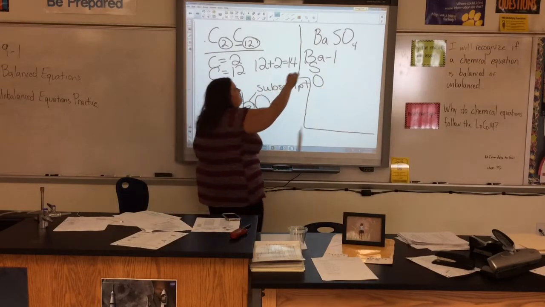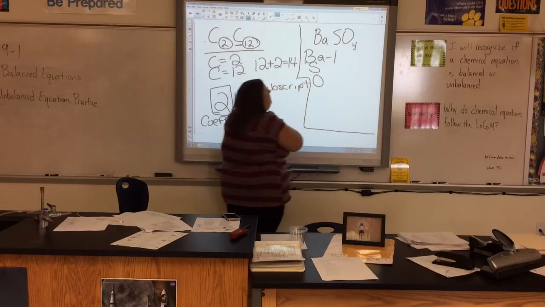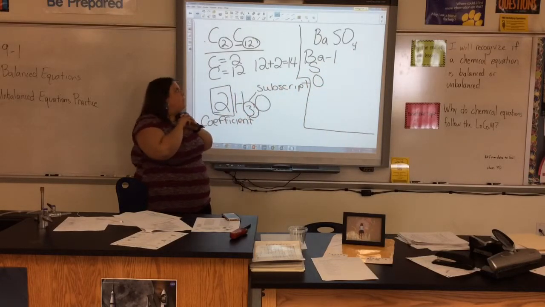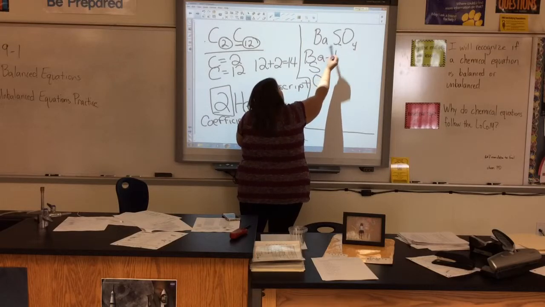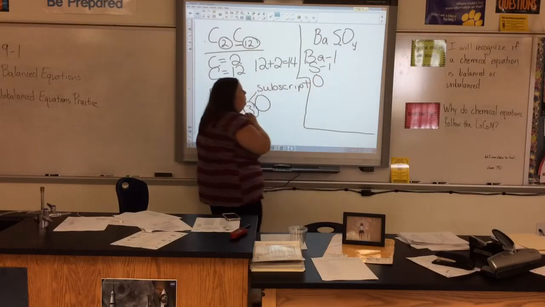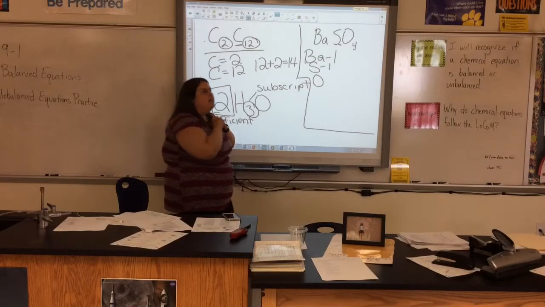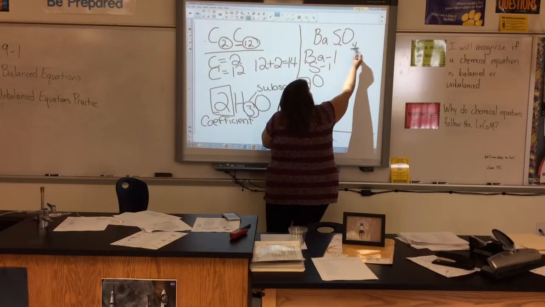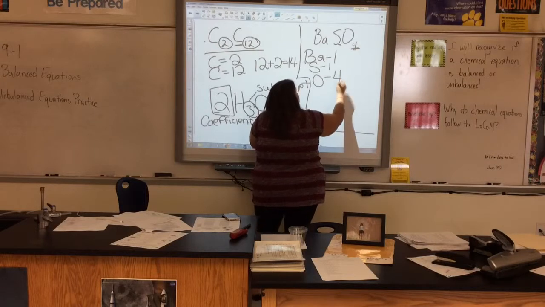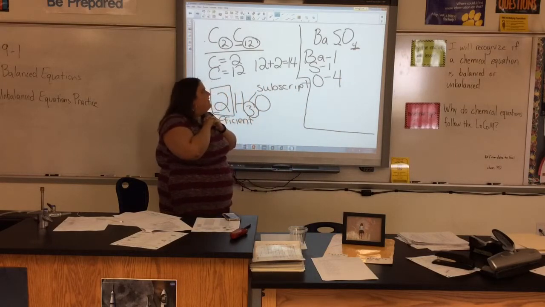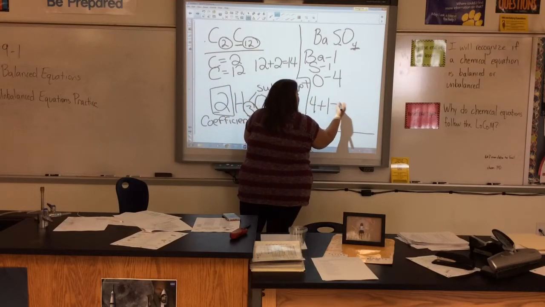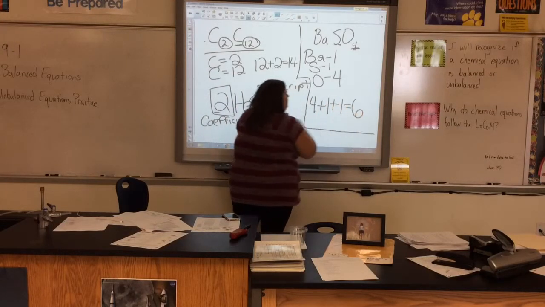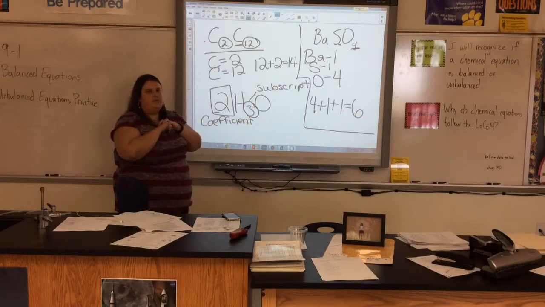This 4 is only attached to that oxygen, so I'm not going to attach it to the sulfur in front of it. So this sulfur right here does not have a subscript, so it is just equal to 1. And then for my oxygen, I have a subscript of 4, so it is 4. If I want to count total atoms in this formula, it would be 4 plus 1 plus 1. So there are 6 total atoms present.